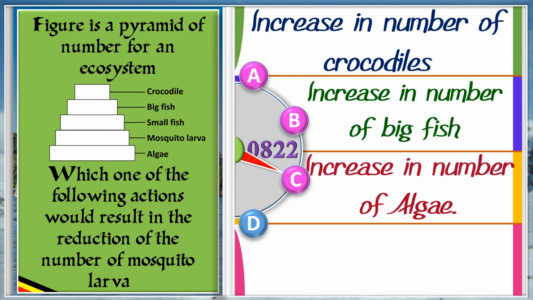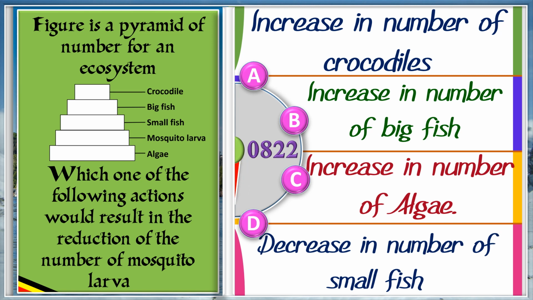C. Increase in the number of algae. D. Decrease in the number of small fish. And the answer is A. Increase in the number of crocodile.